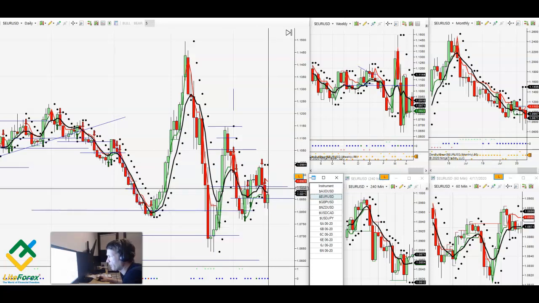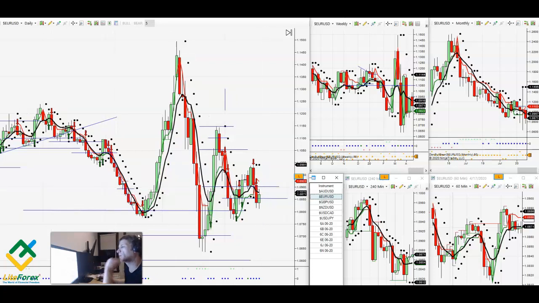We had this little rebound, and right now what needs to happen on this one is a break back above 1.09. If this can break back above 1.09, that's where I think I would be confident that it could take off.